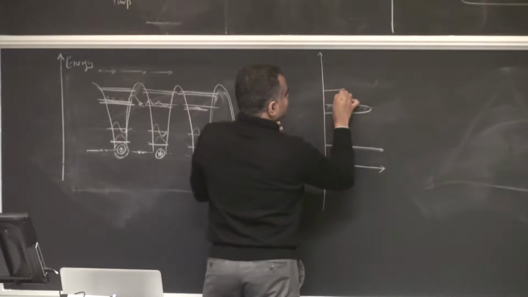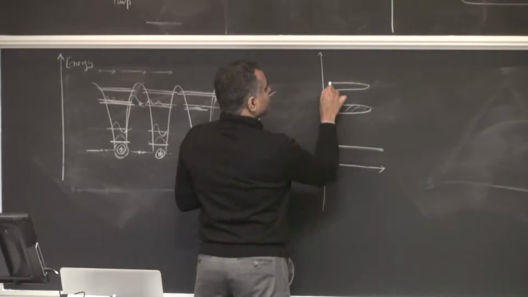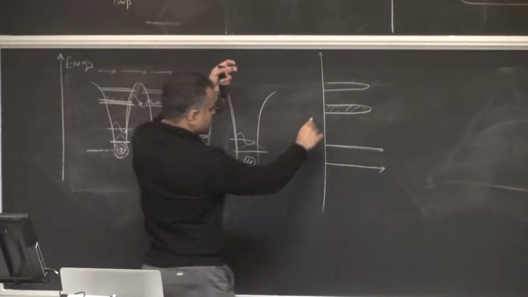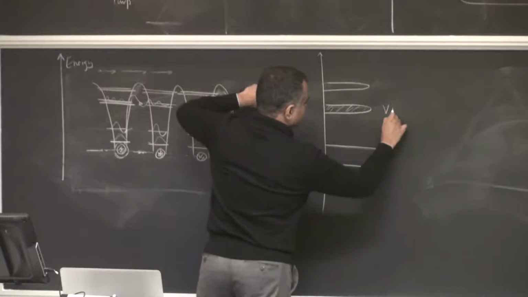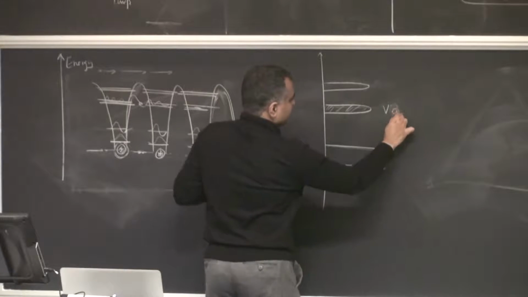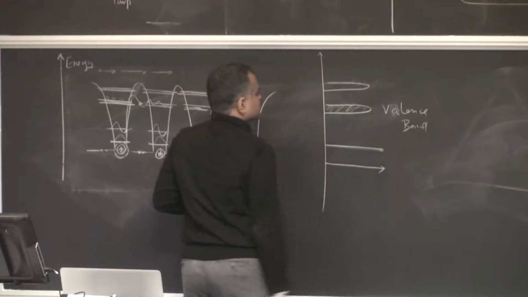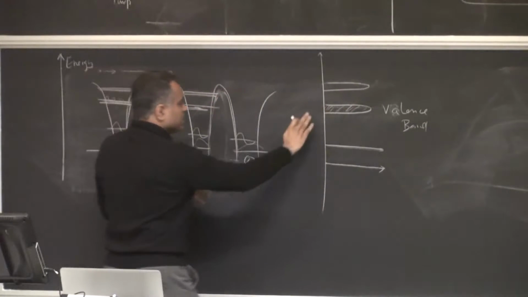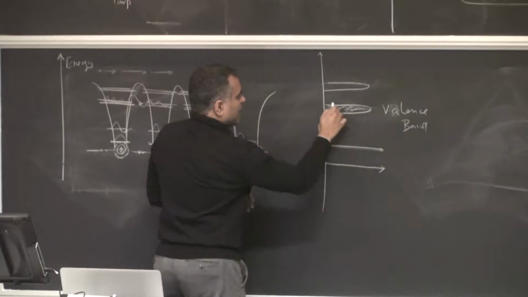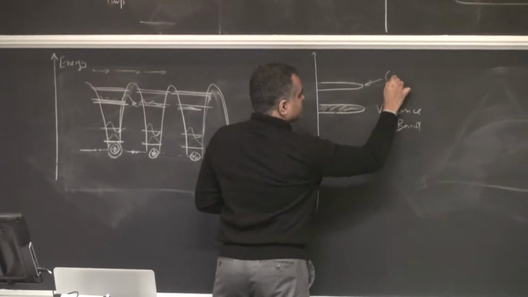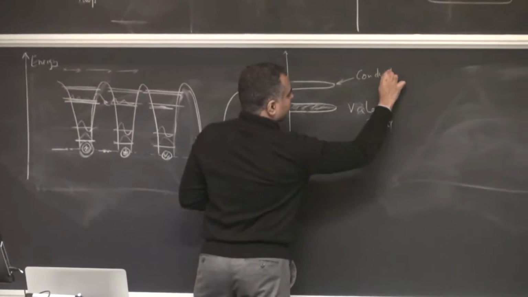We are going to be most interested in semiconductors in the top 2 bands. One we'll call the valence band, which at 0 Kelvin is completely occupied. And at 0 Kelvin, the next band is the conduction band, which is completely unoccupied.